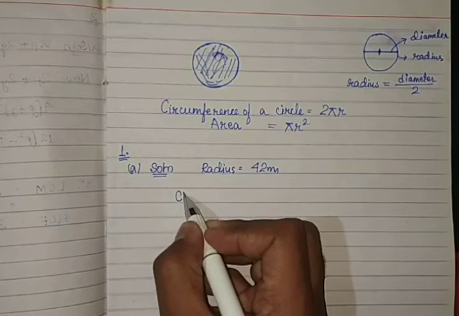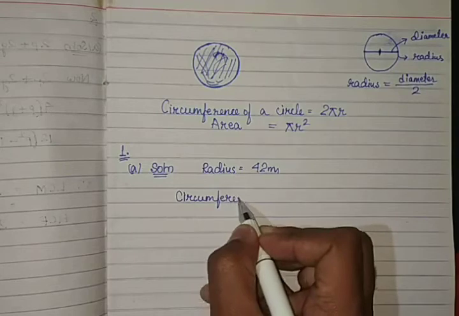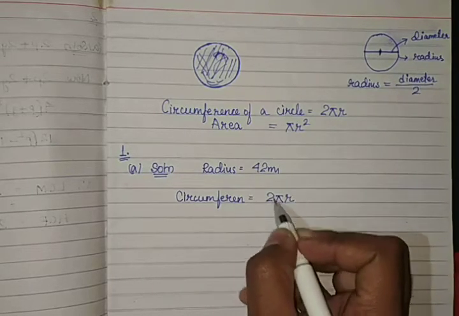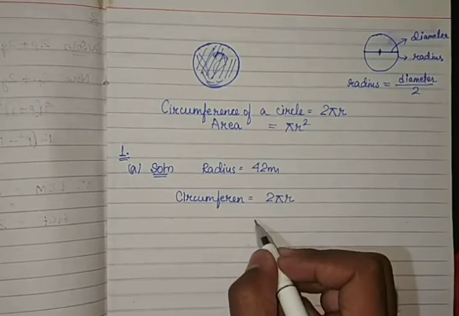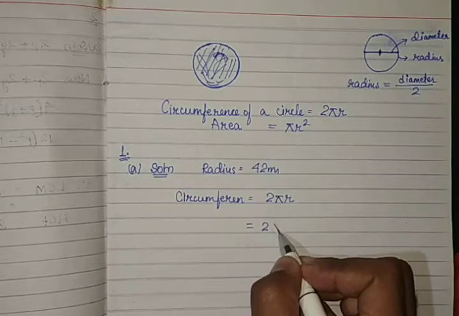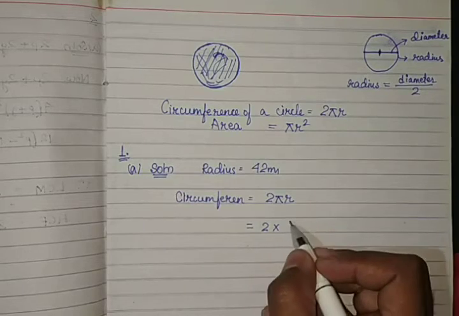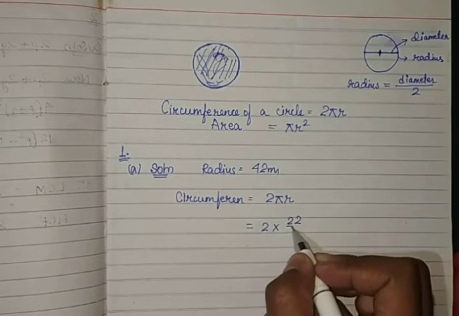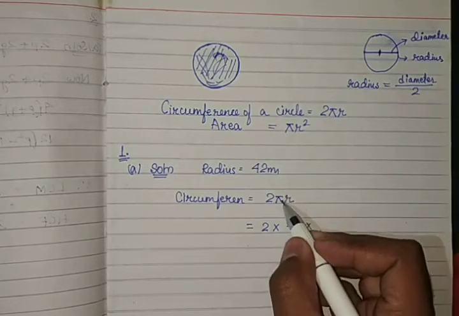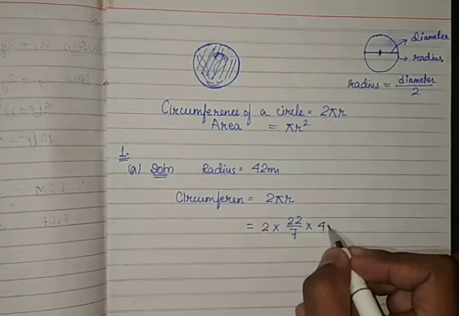So the formula for circumference is twice pi r. Replacing all of them, 2 into the value of pi, which is taken to be a fixed ratio, 22 by 7, into the radius r. In our case, the radius is given here as 42.